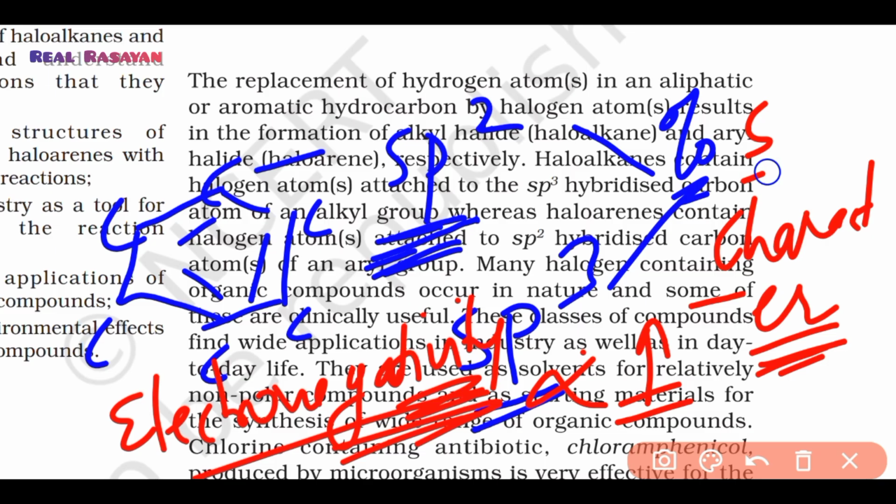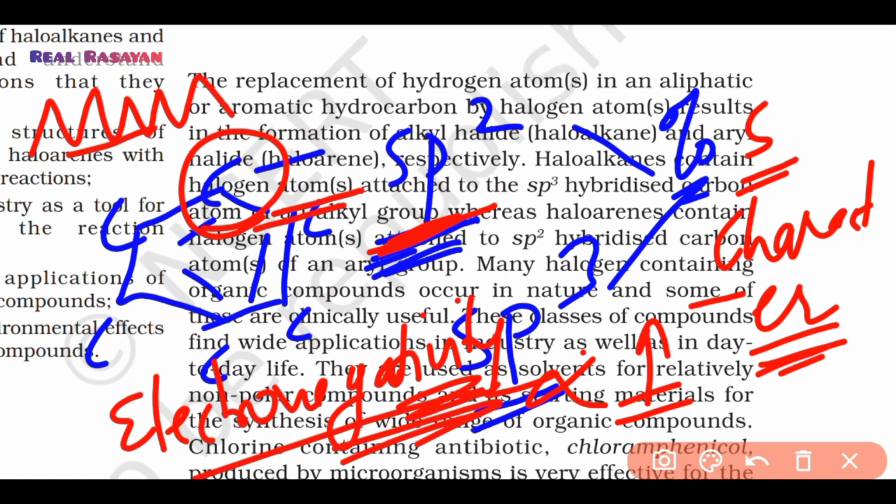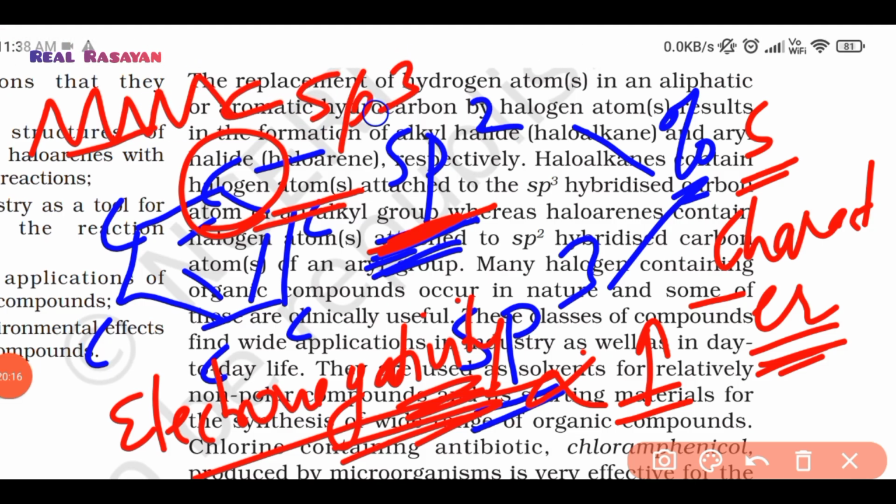So the percentage of S character in sp2 is greater compared to sp3 hybridization. So the sp2 hybridized carbon atom is more electronegative, where there is less chance of displacement of hydrogen compared to the alkyl halide. Alkyl halide has a carbon atom which is sp3 hybridized.